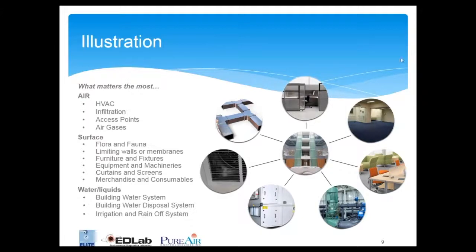What is most important from the surface point of view, we have flora and fauna around our dwellings or around the buildings that might have an important role. And again, out of sight, out of mind, because we think, okay, it is outside flora, don't worry about it. Many a time, rats, mice, etc.